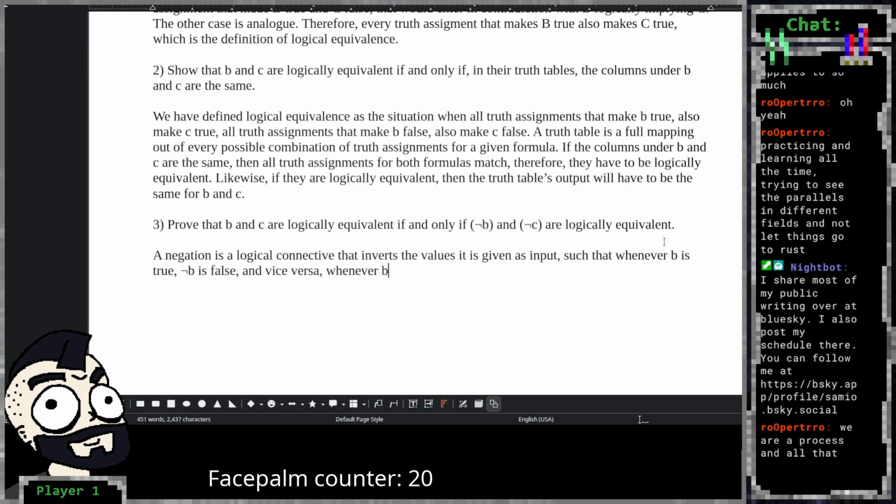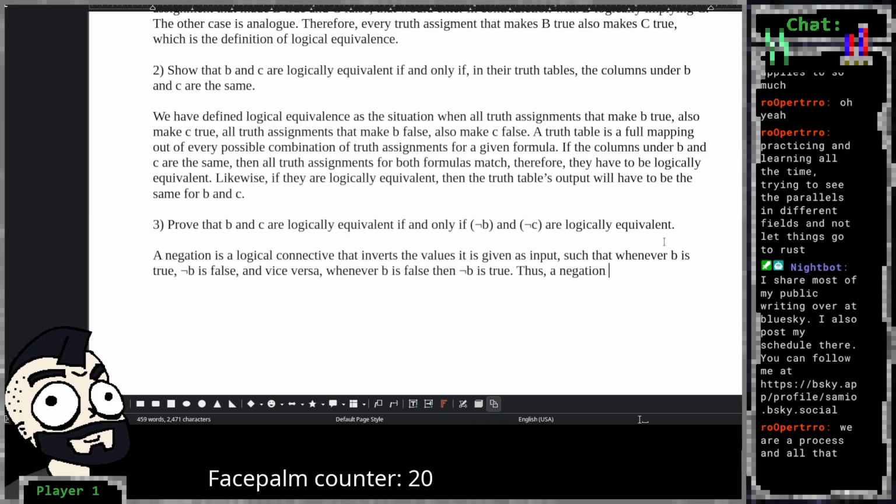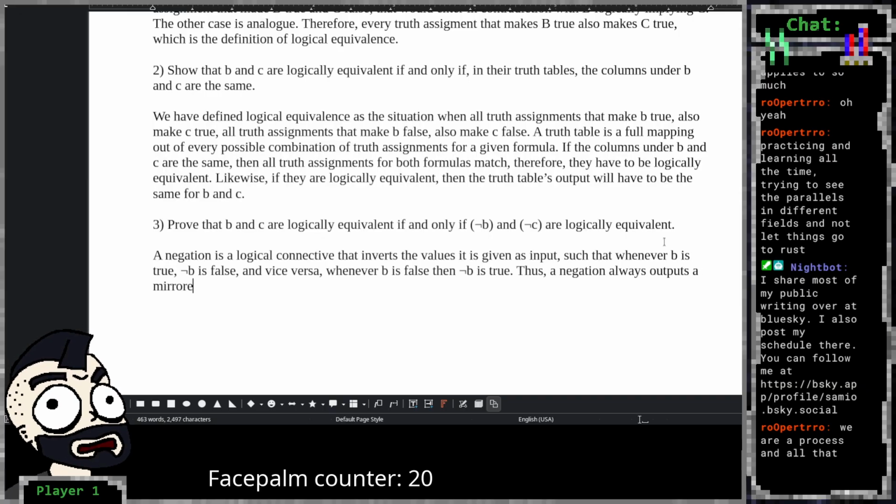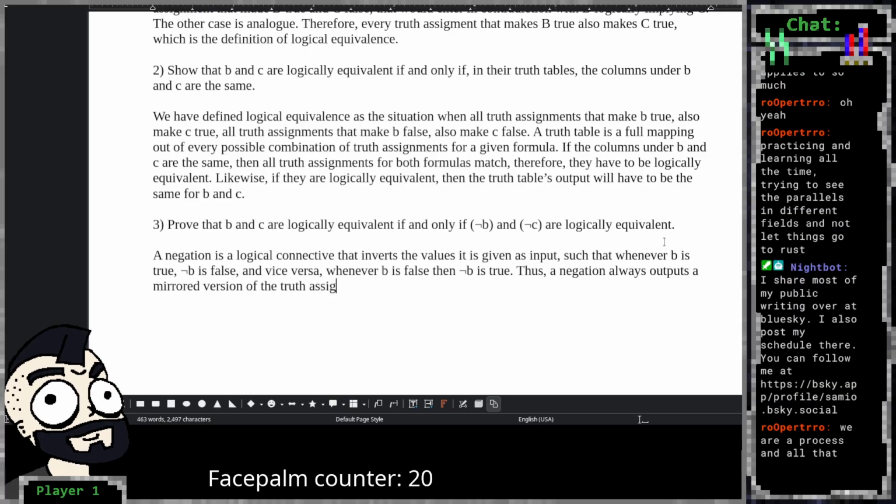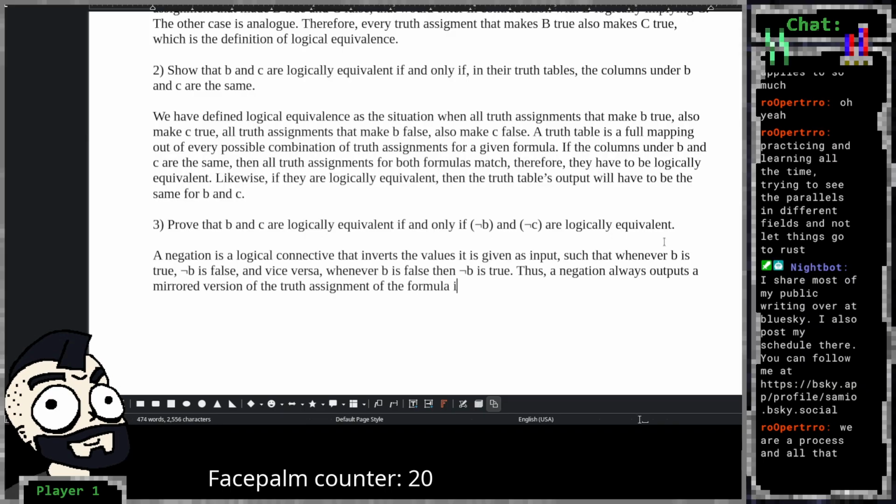Whenever B is false, then not B is true. Thus, a negation always outputs a mirrored version of the truth assignment of the formula it is connected to.